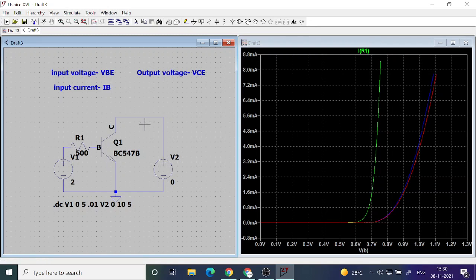The only difference is that we have an additional path for current to flow, which is the collector terminal through this voltage source. But in input characteristic, we are not looking at that part. We are just checking this current and this voltage. The PN junction voltage is what we are plotting here, and the diode current, the junction current, is what we are plotting.